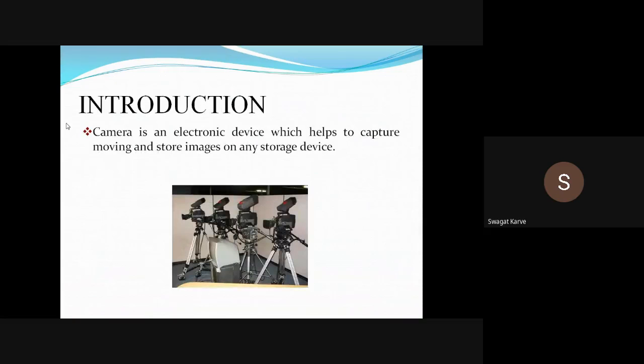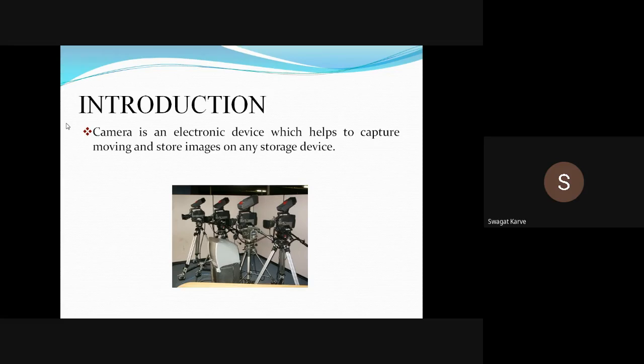Now what is a camera? Basically, a camera is an electronic device which helps to capture moving images and store them in a storage device. If you talk about a digital camera, what is there inside it?